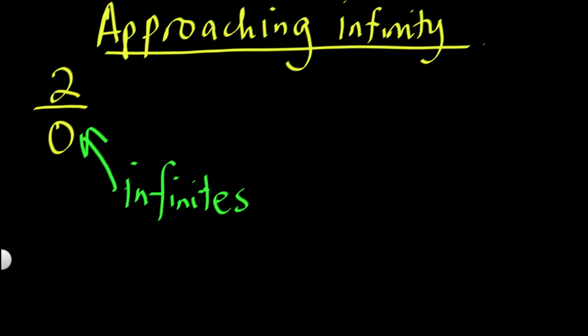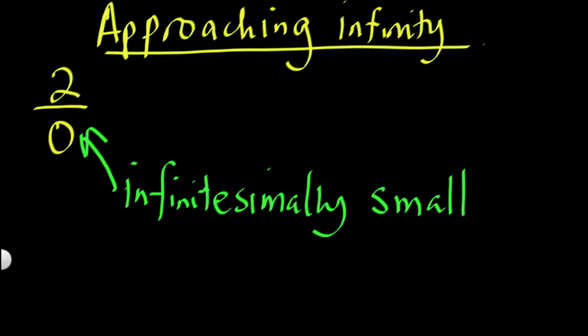That's what it means. I'm actually saying here that this 0 is very, very, very small. So you are dividing 2 or any other number by a very, very small number.